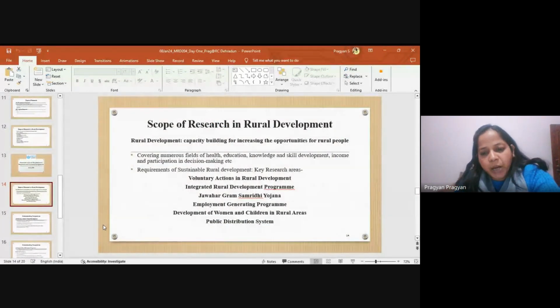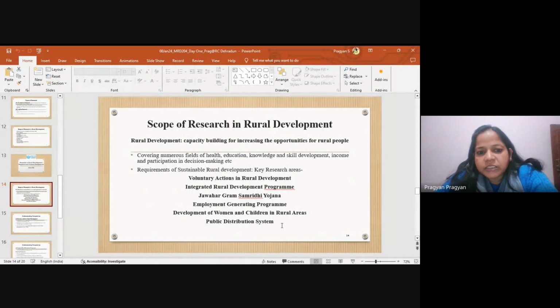In this part of our interactive session, we have written so many names of those development programs that have been crucial for the advancement and betterment of rural areas in India. Like this Integrated Rural Development Program, or IRDP, is very important. Then this Jawahar Gram Samriddhi Yojana, JGSY, it is very important.